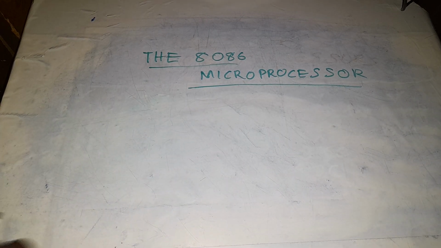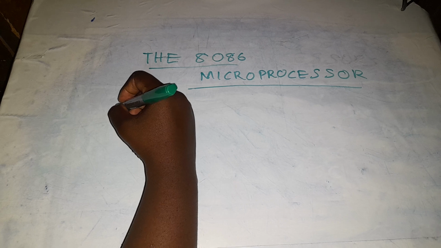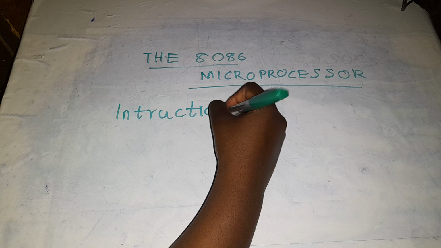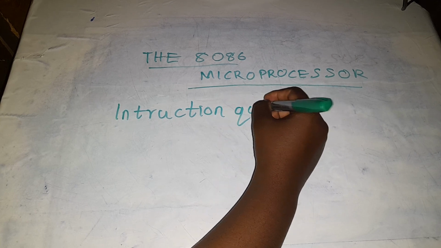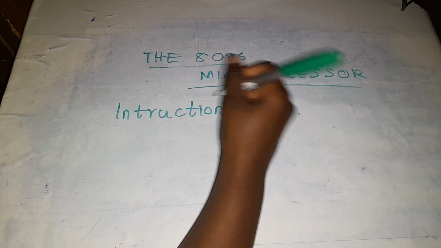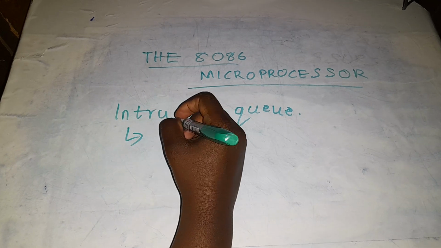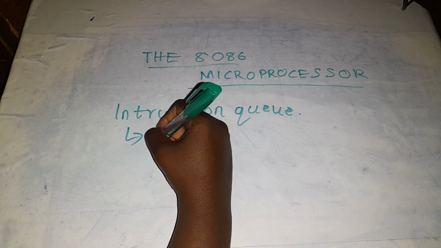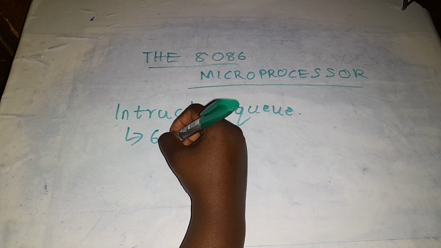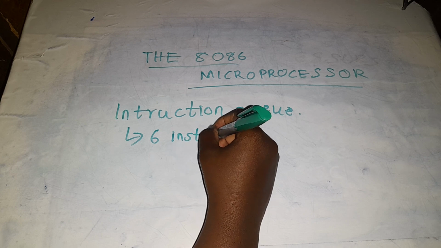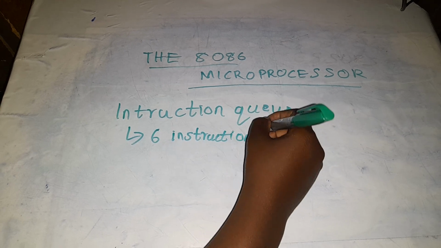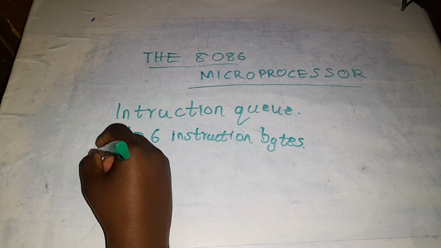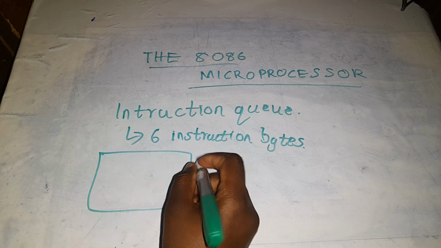Another one of the unique things about the 8086 is something it uses called an instruction queue, which should not intimidate you. I'm going to explain it. An instruction queue means it stores 6 instruction bytes from memory, such that it looks like this when you look at the architecture.